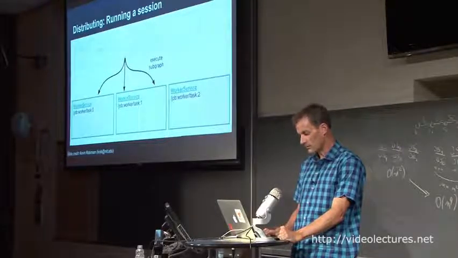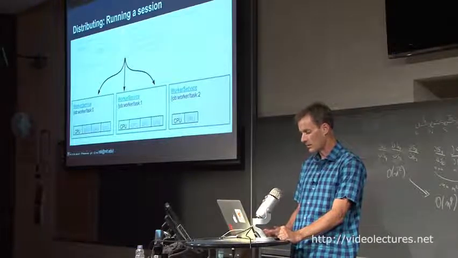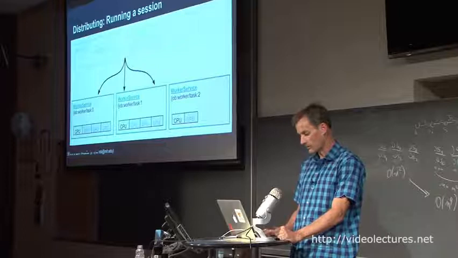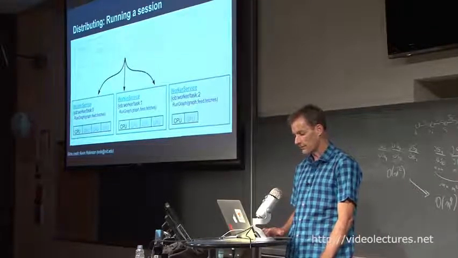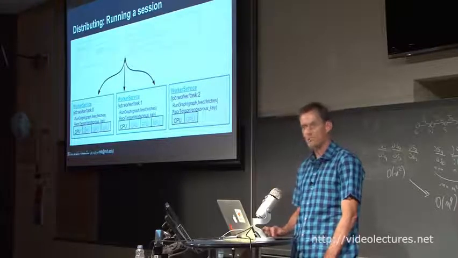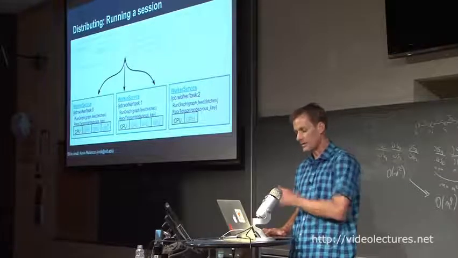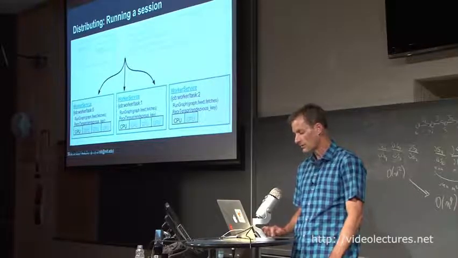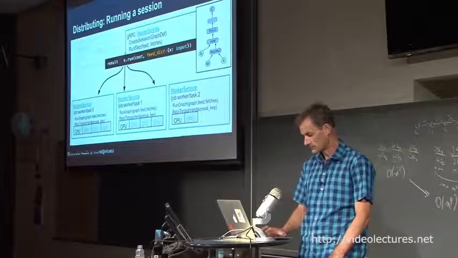And so now that coordinator is going to talk to the various workers involved in the process. And it's going to say, please run this graph for the part that you have. And these things might have send tensor and receive tensor calls that communicate tensors amongst these different workers as necessary to execute the entire graph.